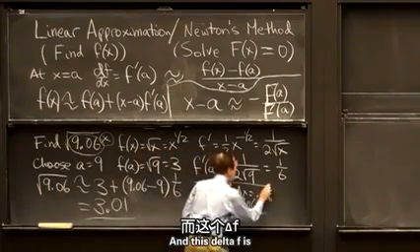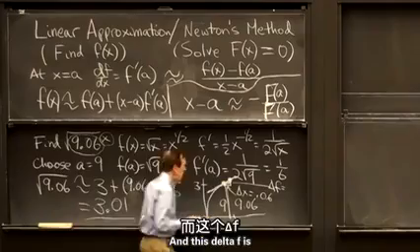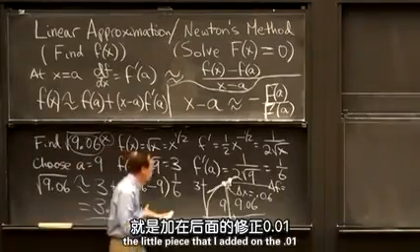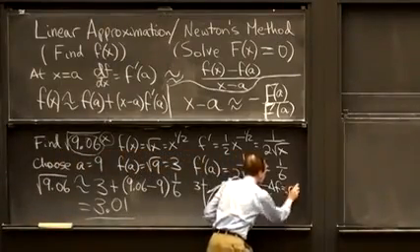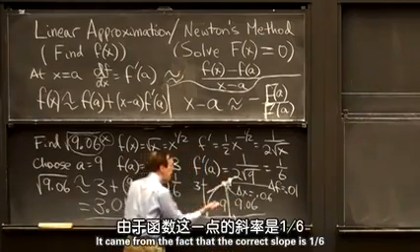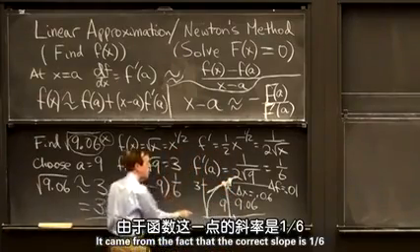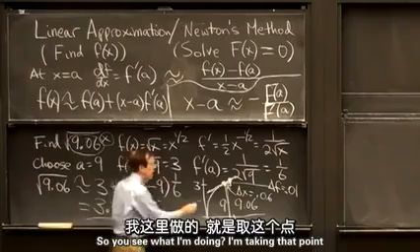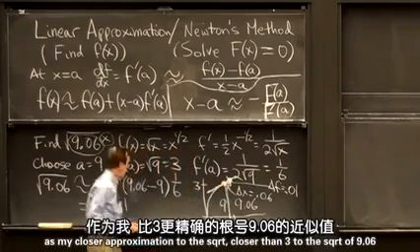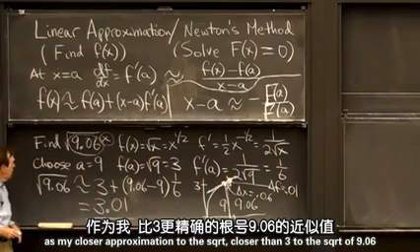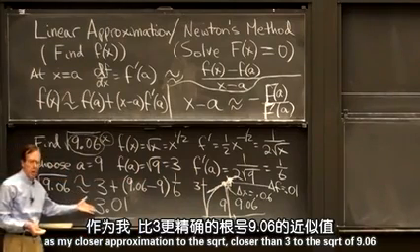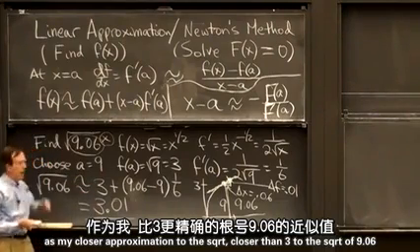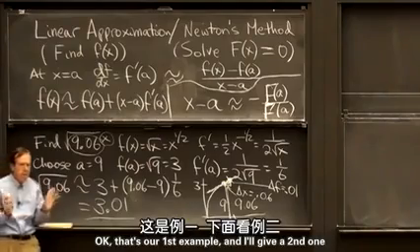And this delta f is the little piece that I added on, the 0.01. How did that come about? It came from the fact that the correct slope is 1/6. If I go over 0.06, I should go up 0.01. So you see what I'm doing? I'm taking that point as my close approximation, closer than 3, to the square root of 9.06. Okay, that's a first example.